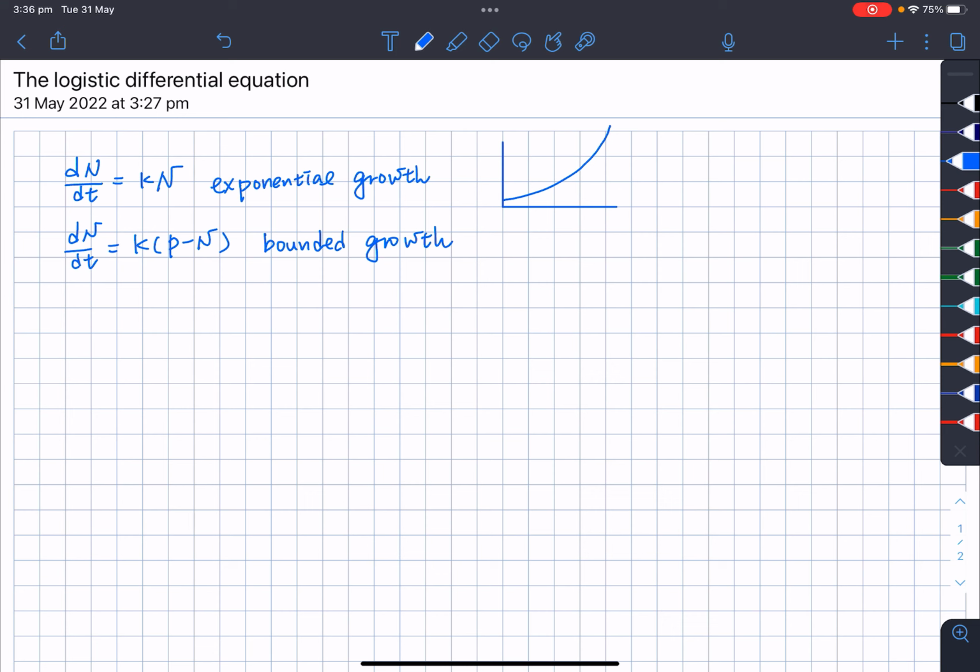This equation can be rewritten as dN/dt equals kN times (1 minus N over P). I use a different symbol here: k and P.